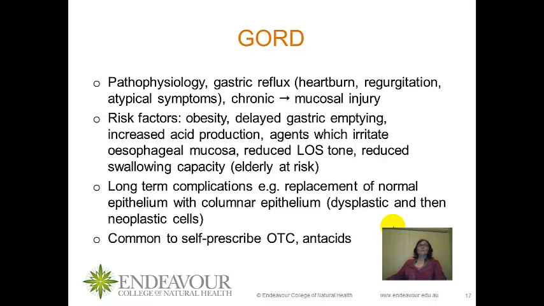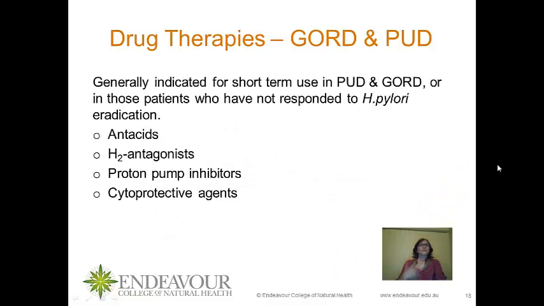But some people can be on these antacids for many years before they finally seek assistance from a natural healer, where you advise them that perhaps antacids are just masking some more serious underlying problem, where you would refer them and get them to see a GP and get some endoscopy done to see if they have got these changes in their esophagus, this Barrett's esophagus by that stage.